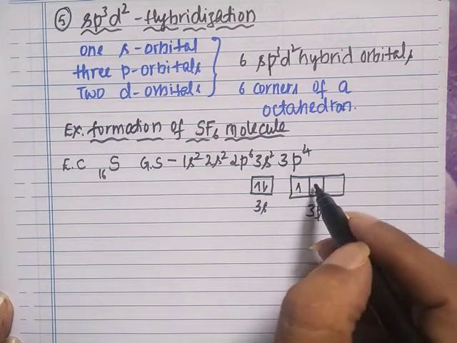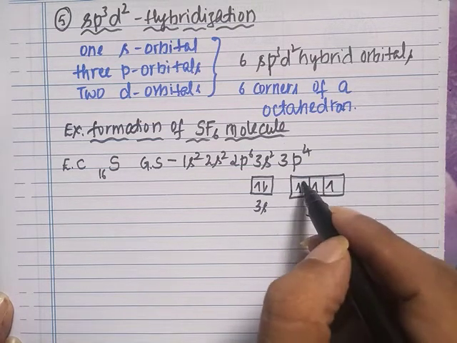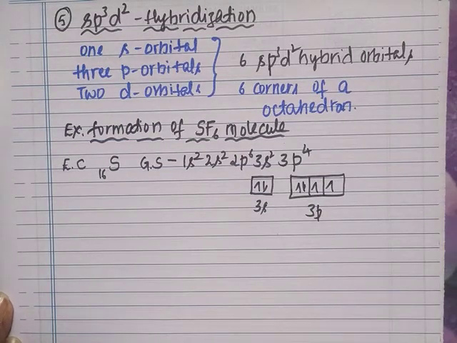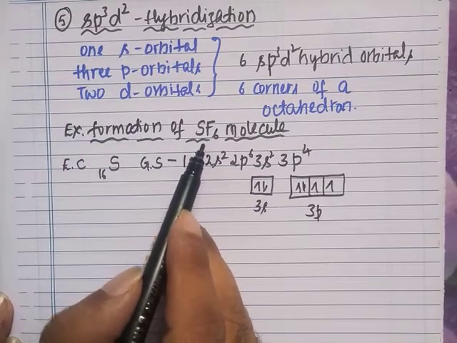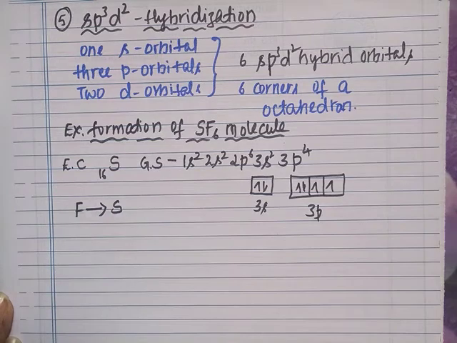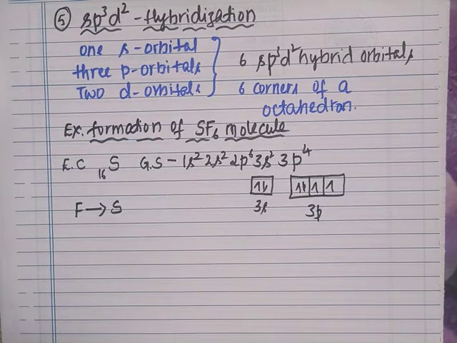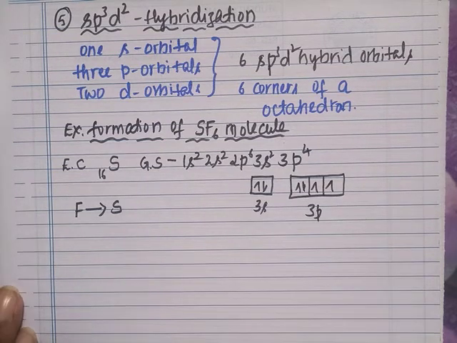So that is 1, 2, 3 and 4, 4 electrons in the 3p orbital. When the fluorine atoms approach the sulfur, the electron from the lower energy orbital will be promoted into the higher energy d orbitals.